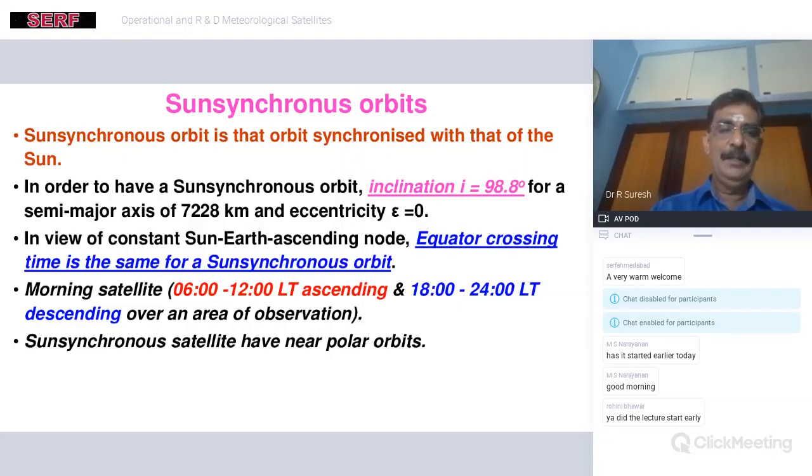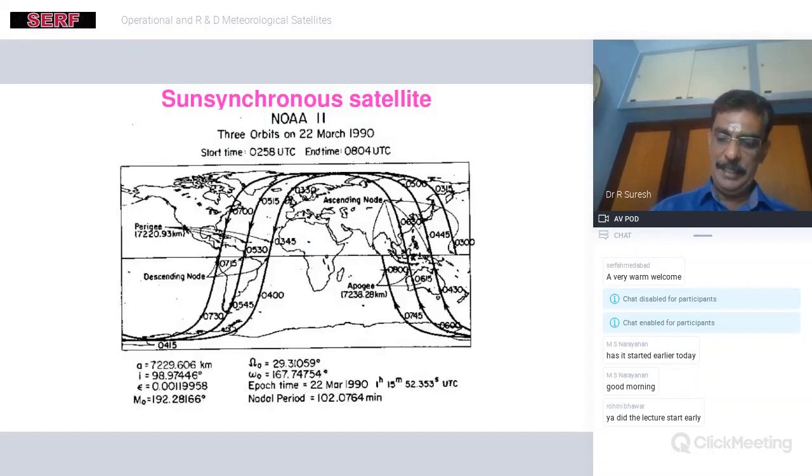The Sun synchronous satellites will have almost near polar orbits. That's what we started with. In this view graph, the path of a Sun synchronous satellite starts around 3 hours local time. It goes to the North Pole, comes back, it is descending, it is crossing over here, then coming to the Southern hemisphere, and goes out.